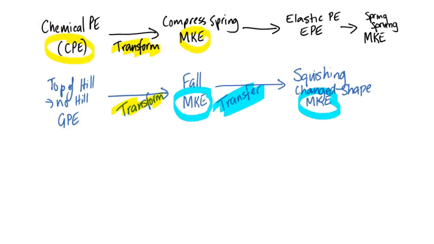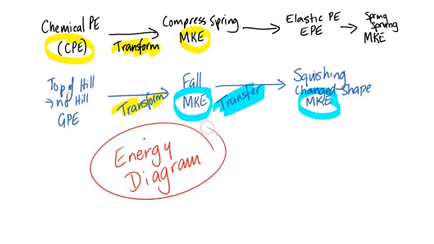You have to separate out every little step, and as you look at the different steps, think about what type of energy is involved, and you join each of those steps with a little arrow like this. That is called an energy diagram. Now we're going to make these a lot more detailed later on, but for now, this is how far you need to go.